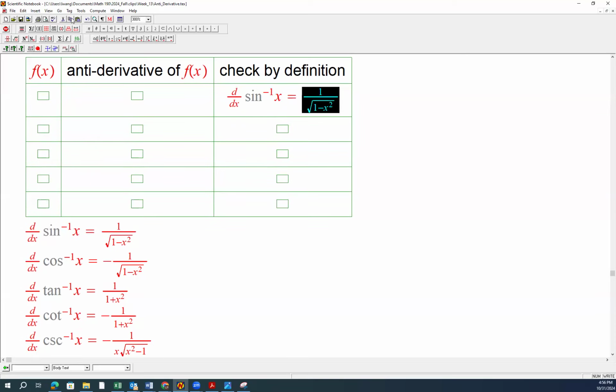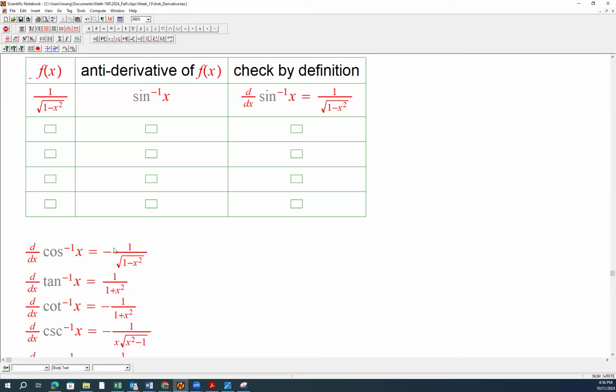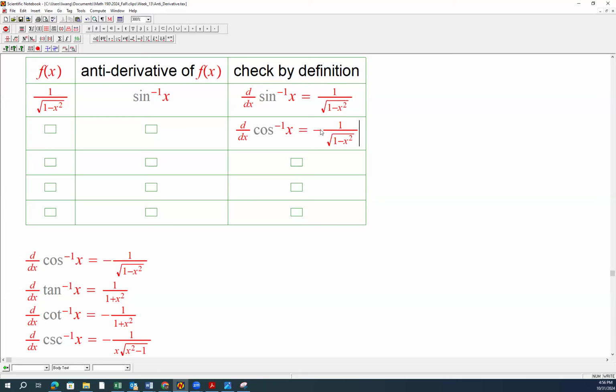The function is right here, and its antiderivative is arcsine. And the second one, I'm going to bring this negative sign to the other side.